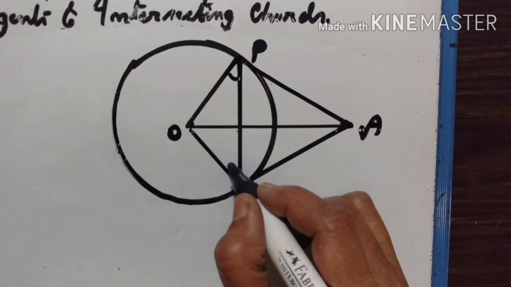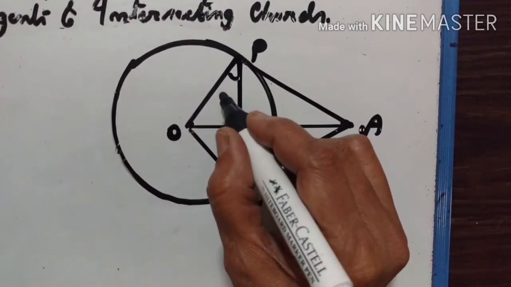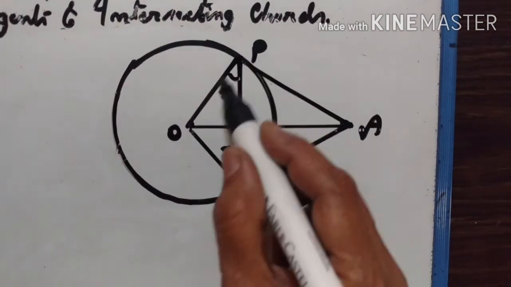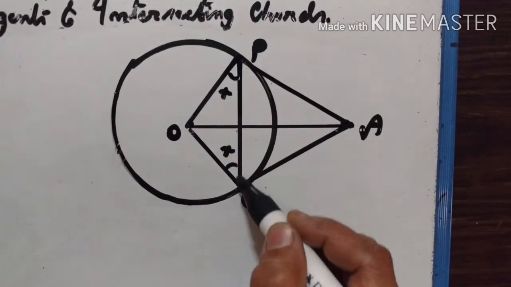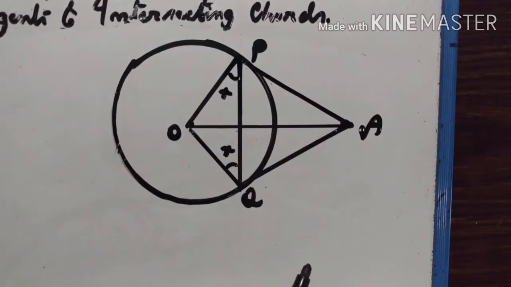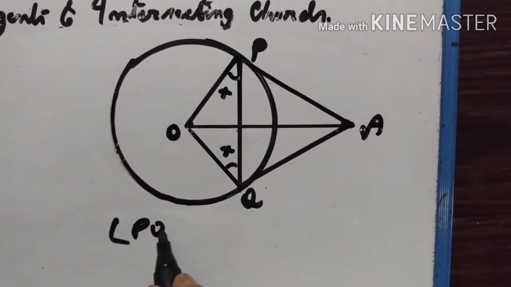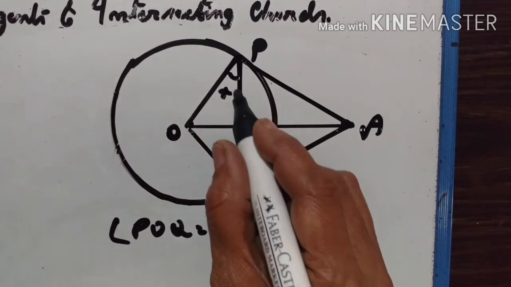Angles opposite equal sides are equal. Therefore, angle OPQ is equal to angle OQP. Let them be x and x. Angle POQ plus angle OPQ plus angle OQP is equal to 180 degree. Angle sum property. Therefore, angle POQ is equal to 180 minus 2x.